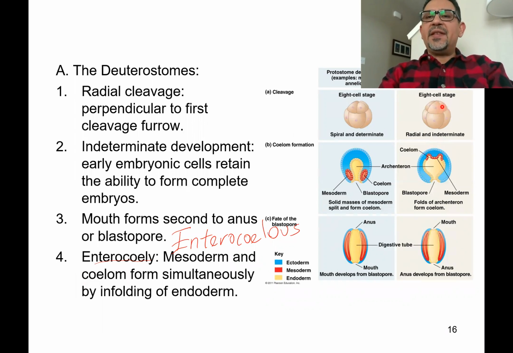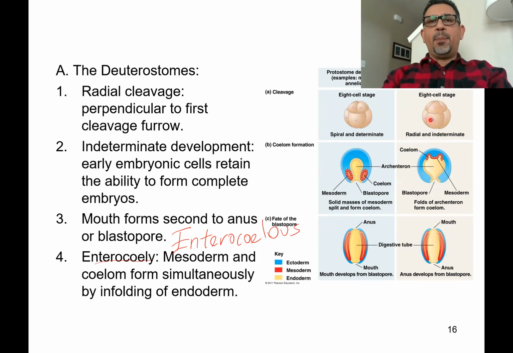And this indeterminate development means that if we were to remove one cell from this 8-cell embryo, what would happen to that one cell and the other 7 cells that remain together? Both parts will continue to develop as if nothing happened.